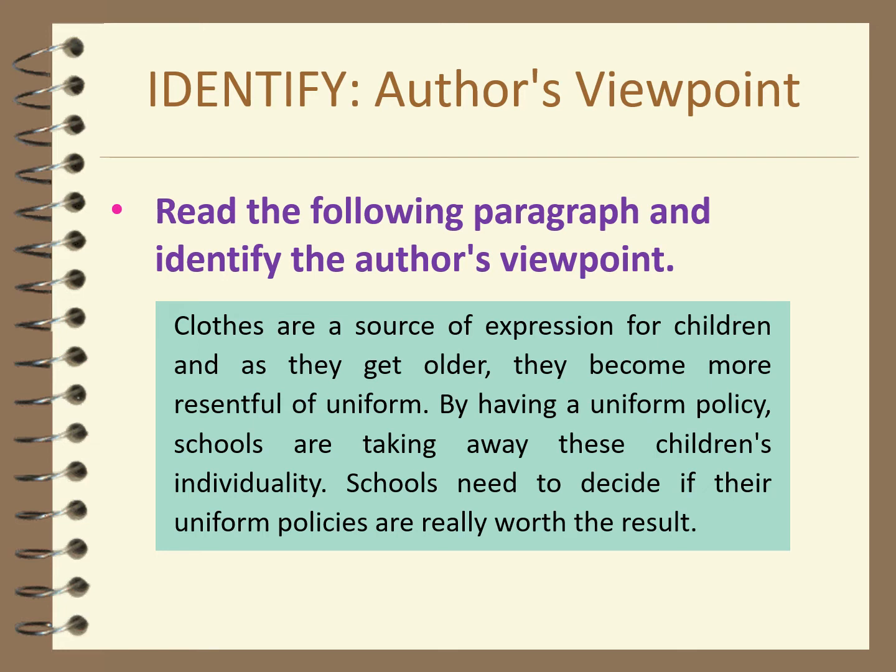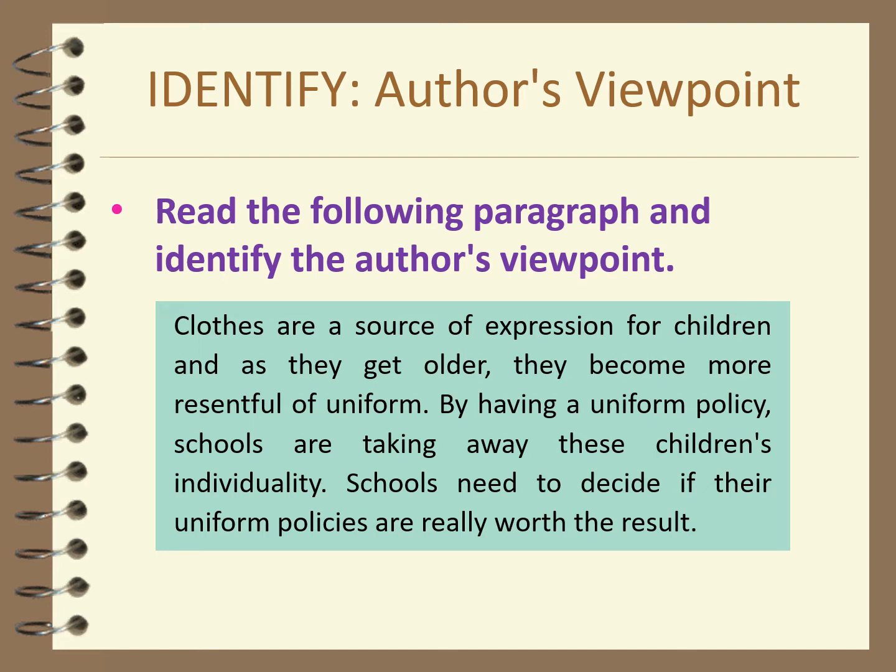Which one is it? The author is against, right? The author disapproves of school uniform. The author disagrees with school uniform. Okay, so you can see that that is the controlling idea. The reasons why the author disagrees or disapproves of school uniform.